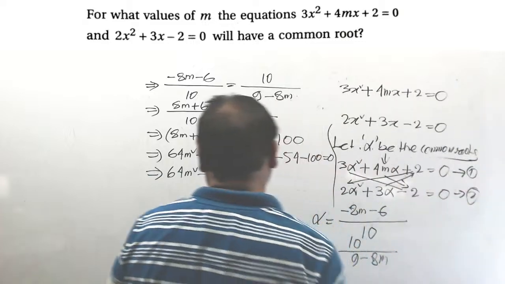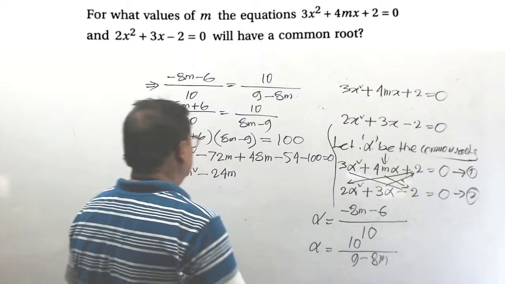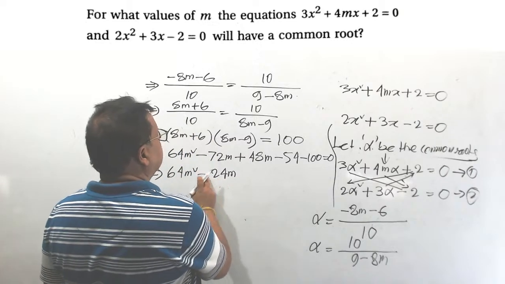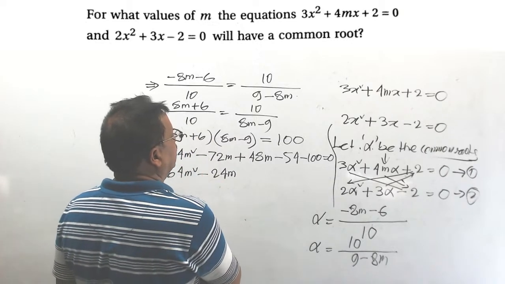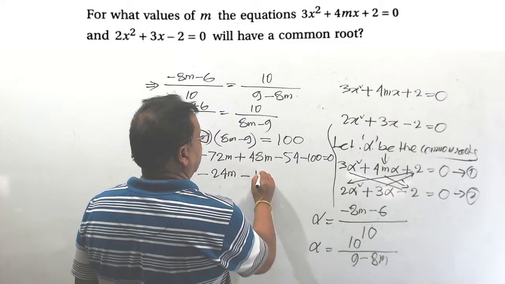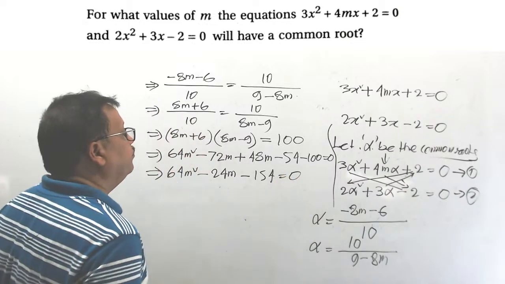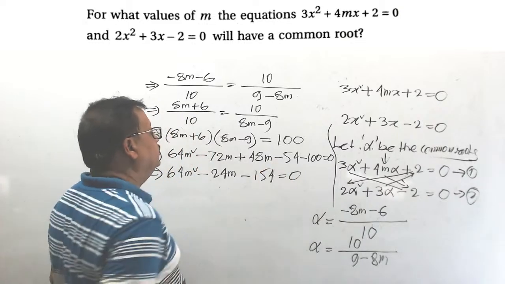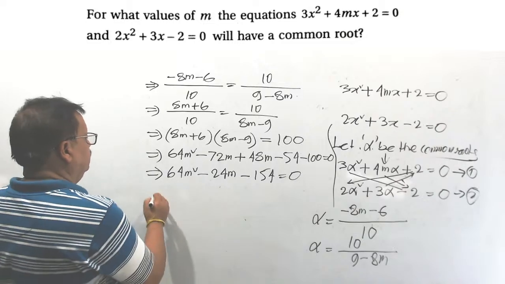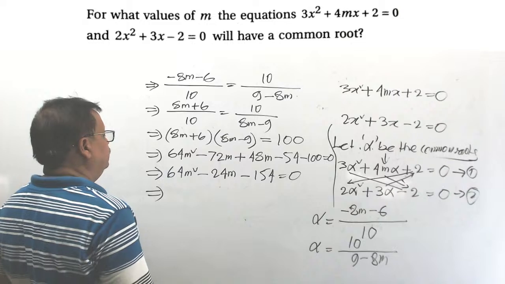If you do any mistake in calculation... Minus 72 is the bigger number, so these two give minus 24m, and then minus 154 is equal to 0. Okay. Now divide both sides by 2.